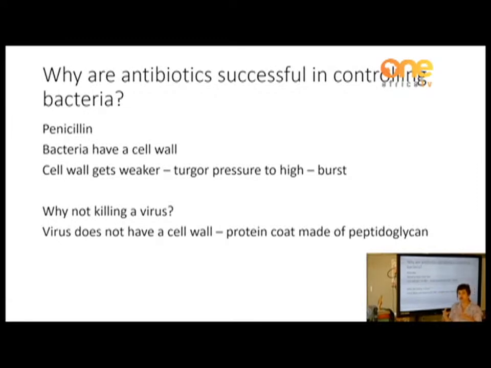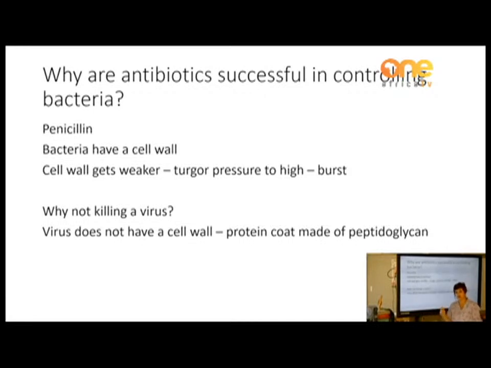When the cell wall is weaker, it cannot withstand the turgor pressure inside, and the cell wall bursts due to the pressure inside. That is why bacteria are being killed by antibiotics.